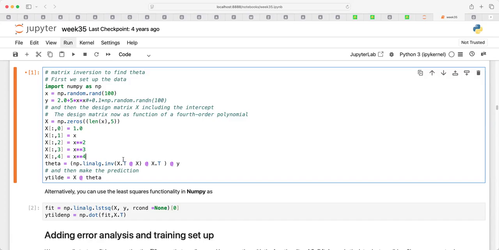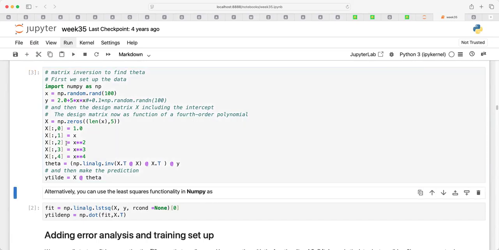So this is matrix X transposed multiplied with matrix X. Then I multiply with X transpose, and I multiply with Y. And if I do that, then I can alternatively use a Python function in NumPy, which is called least squares, which does everything for us.